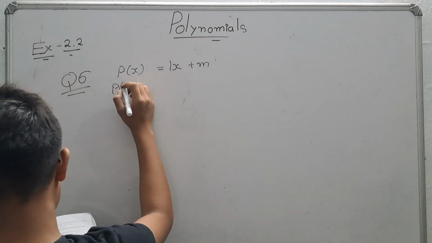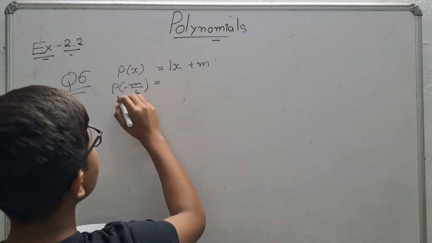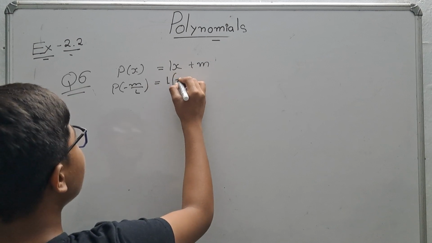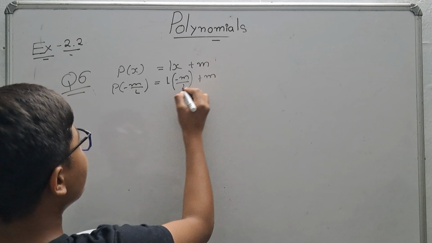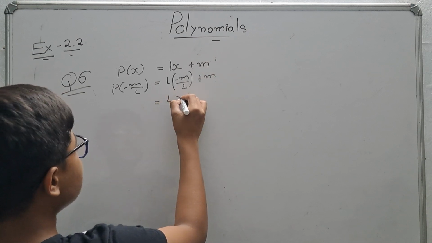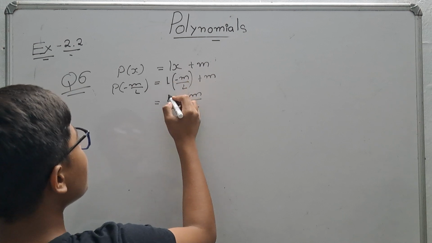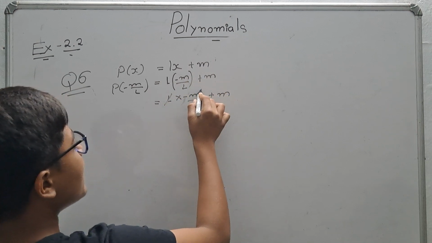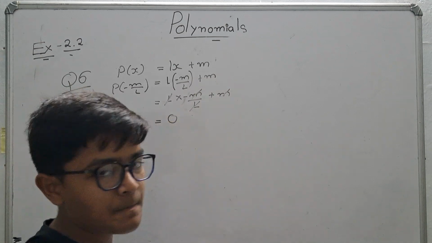We have to put x is equal to minus m upon L. So what we will put? L in a bracket minus m upon L, plus m. You have to just multiply it, minus, okay, L cut, plus m. So minus m cut plus m cut. Answer will be 0. Okay.